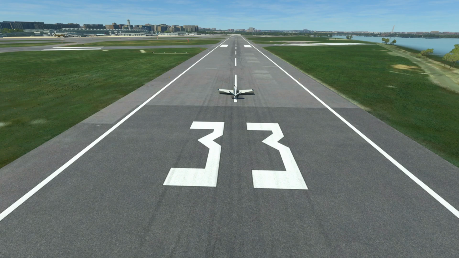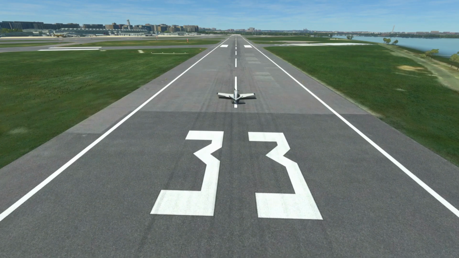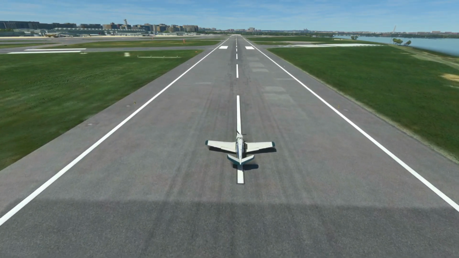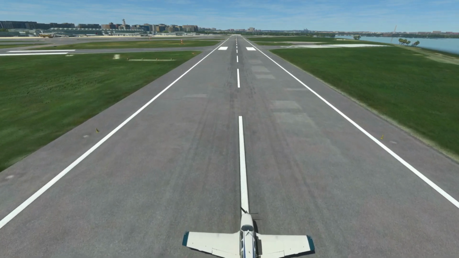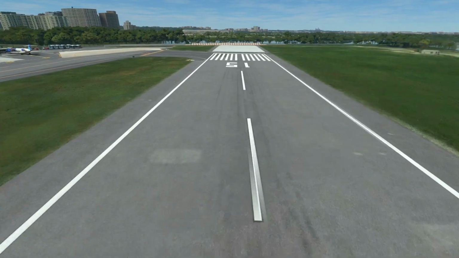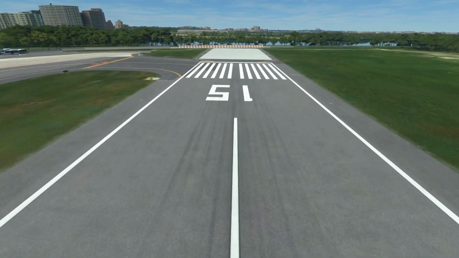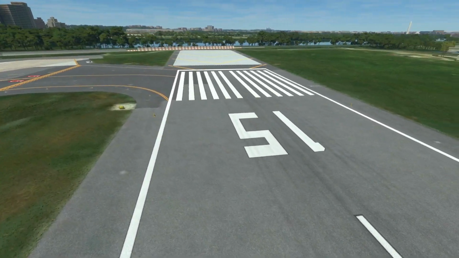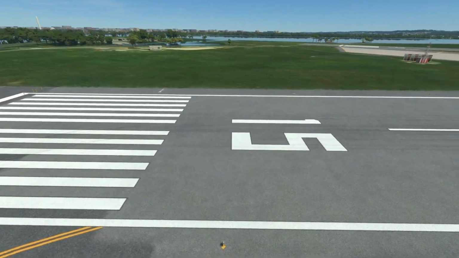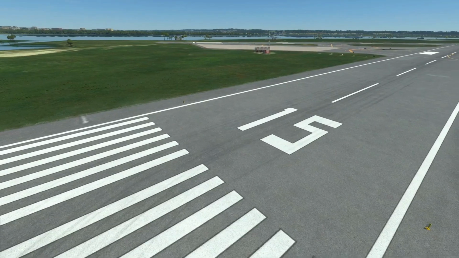So at the end of this runway, the number is going to be 15. It will always be a difference of 180 degrees from north to south, east to west, whatever direction the runway is facing. So let's speed up real quick over here. So as we come to the end here, like I said, 180 degree difference, 15. So heading 150, they drop the 0.